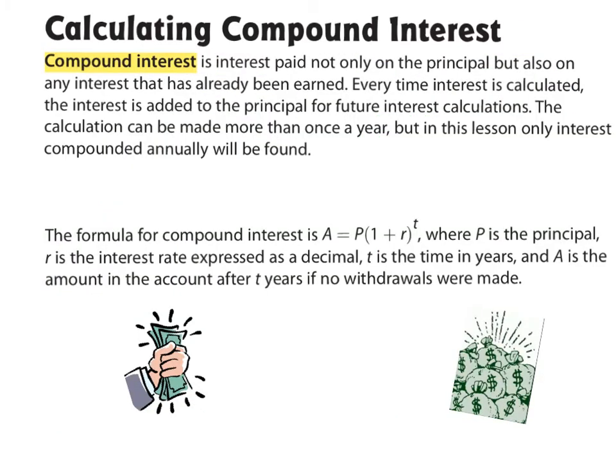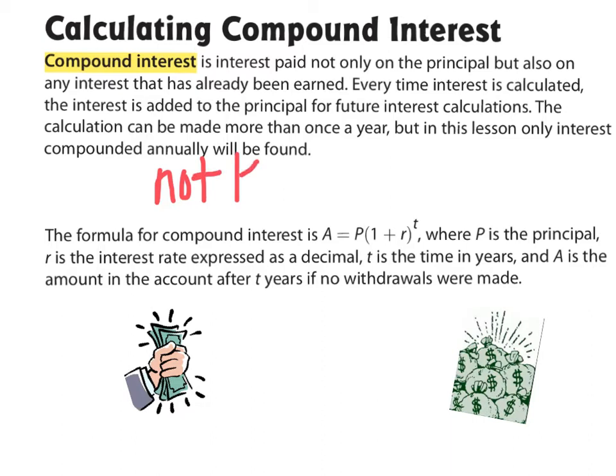On page 3, this is where it gets a little tricky. Compound interest. This is interest that is not only paid on the principal, but it's also paid on interest that you earn. This is a way of earning a whole lot more money because you are not keeping the interest.